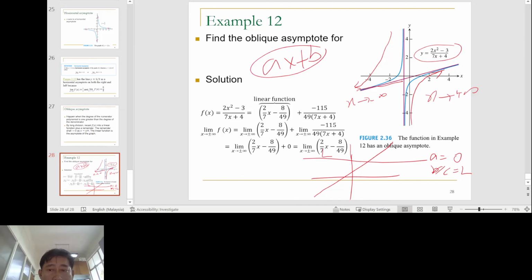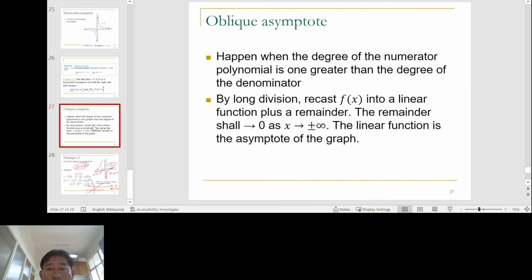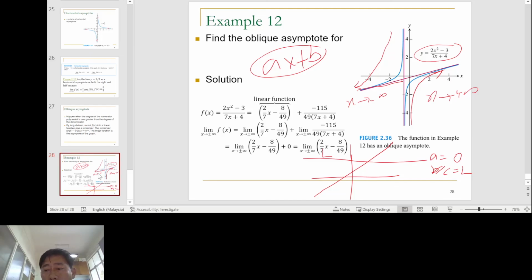Okay, so that is what we mean by oblique asymptote. It is a generalization of the horizontal asymptote that has a non-zero slope and cuts through the y-axis at the point b.